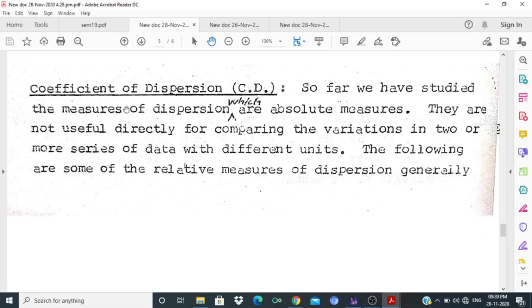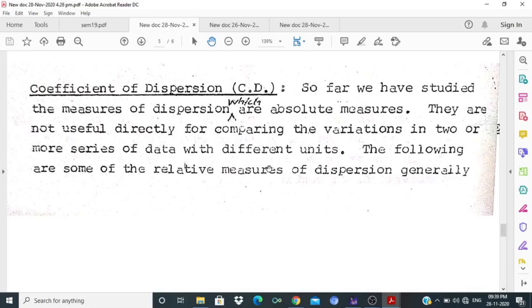The next concept is the coefficient of dispersion. We have already discussed the measures of dispersion in the previous lectures. The measures of dispersion are absolute measures. They are not used directly for comparing the variations in two or more series of data with different units. Some groups may have height in inches, and some groups may have it in centimeters.